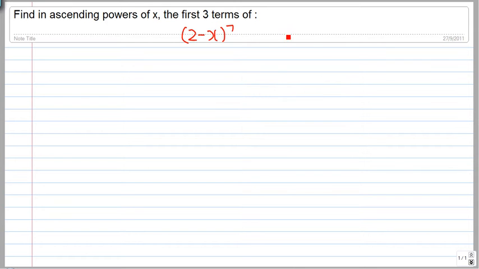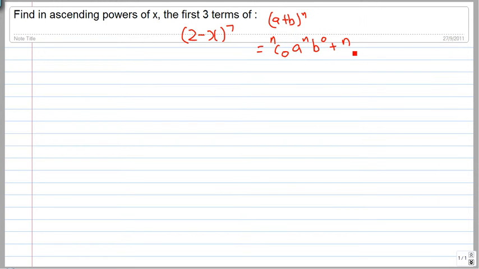If you recall, for a plus b to the power n, the first term would be nC0 a to the power of n b to the power of 0.